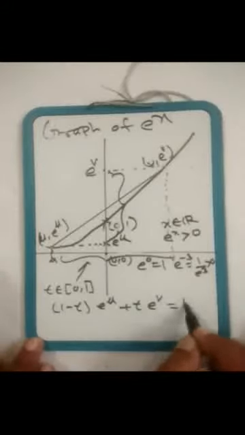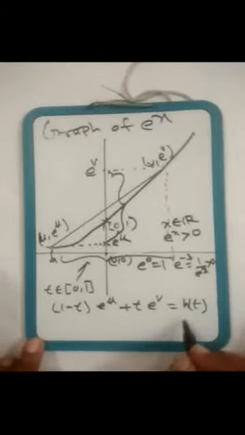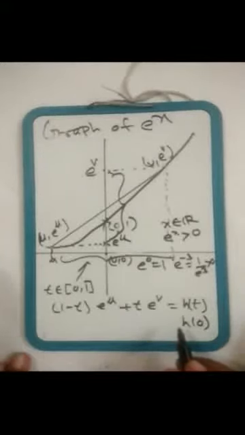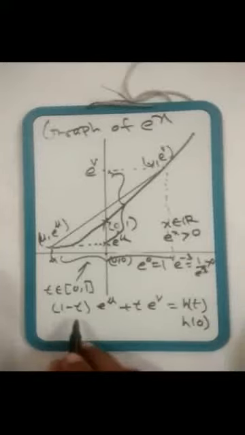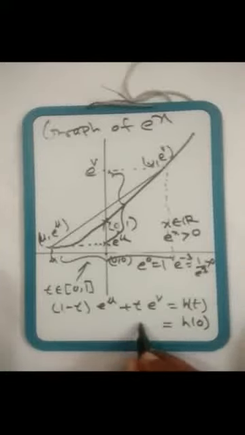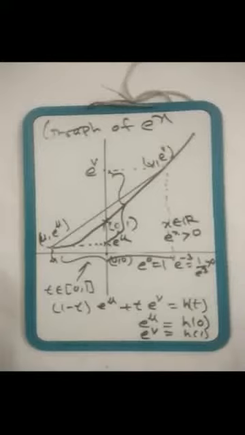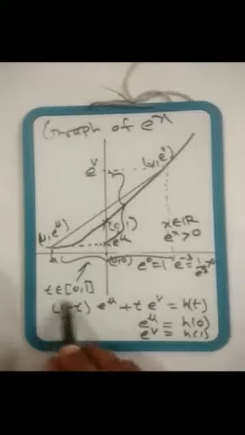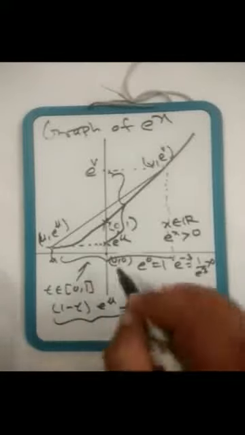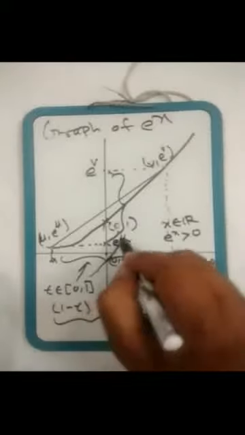Suppose I call this h of t. Then h of 0 is simply e raised to u, and h of 1 is e raised to v. Okay, this is the case. So the point is that in this kind of mapping, this maps [0, 1] to this part.